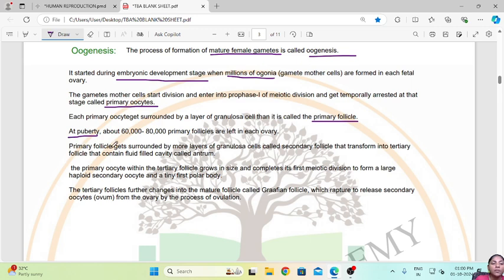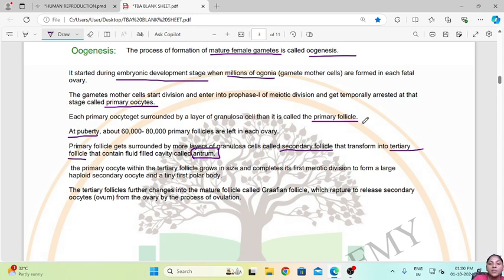Now the primary follicle gets surrounded by more layer of granulosa cells, and it is called as secondary follicle. Then it will again transform into tertiary follicle, which is characterized by a fluid filled cavity called the antrum.